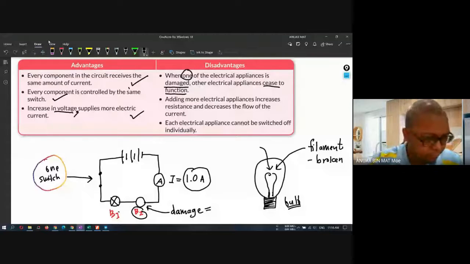All right, so disadvantage number 2, adding more electrical appliances increases the resistance and decreases the flow of the current.